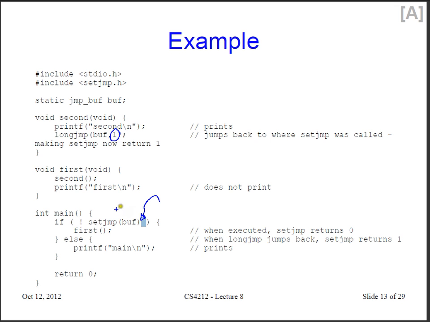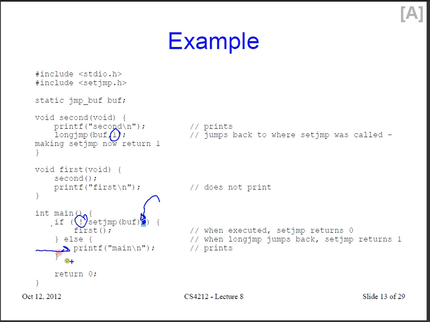So it's a very interesting thing. The first time when you call setjmp, it saves this buffer and it returns 0. When you call longjmp, it places the program in a state so that the program sort of believes that it has just returned from setjmp, and the return value from setjmp is whatever we have given here. So at this time we have a 1. This guy becomes false.